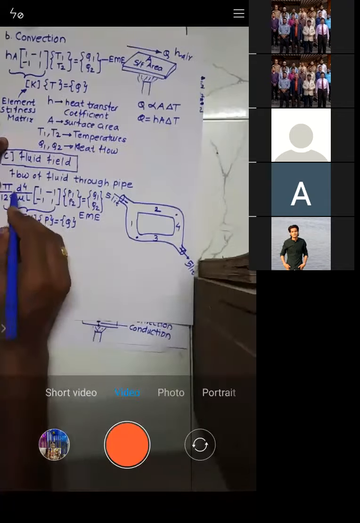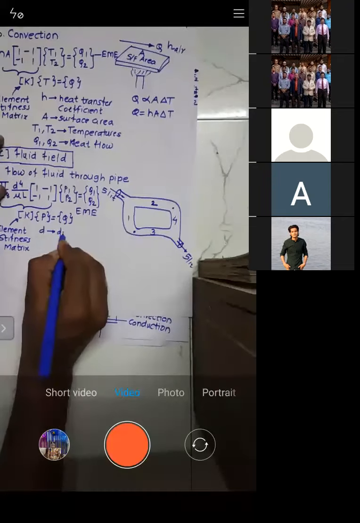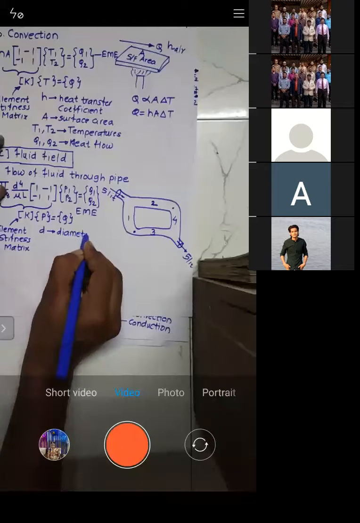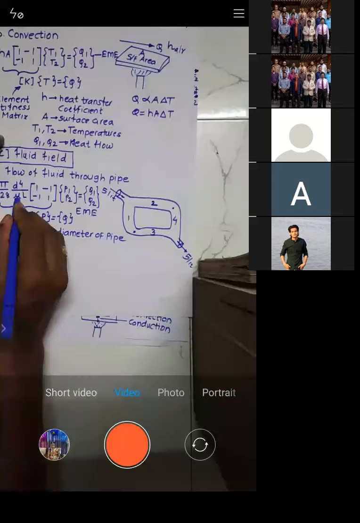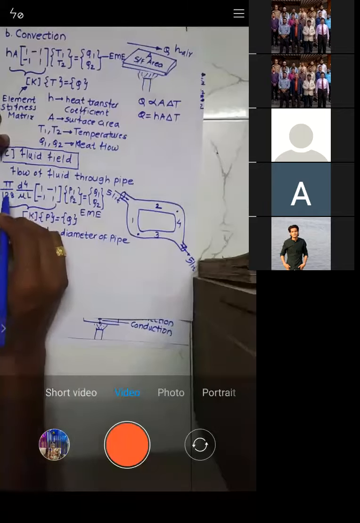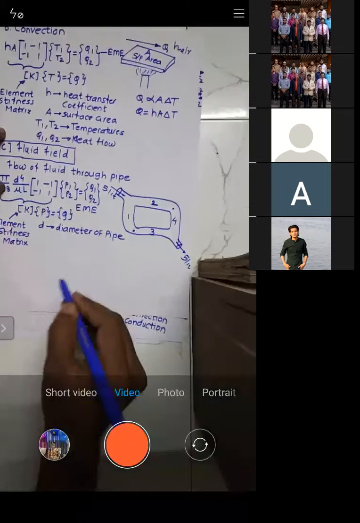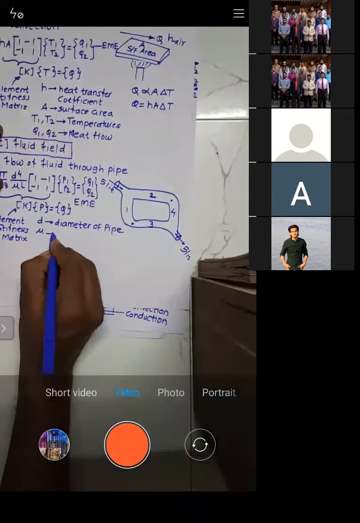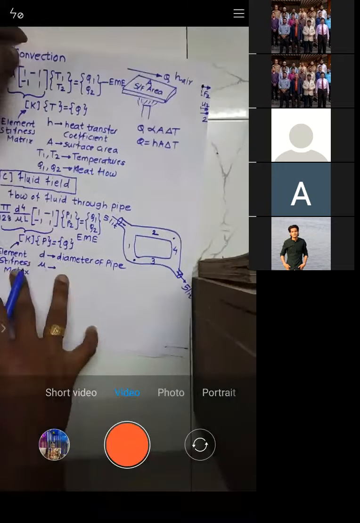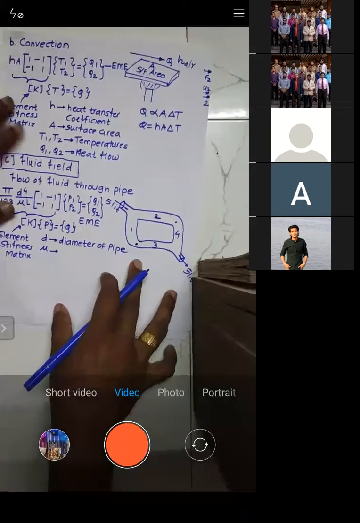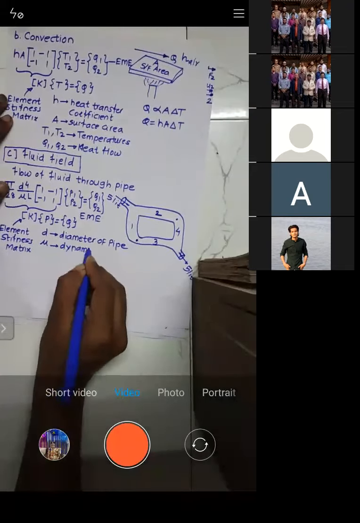Now just see this, what is d? It's the diameter of the pipe, because you have flow through a pipe, so you require the diameter. Pi is a constant, 128, no problem. What is mu? Can you tell me? In fluid mechanics you are seeing it. It's the dynamic viscosity.